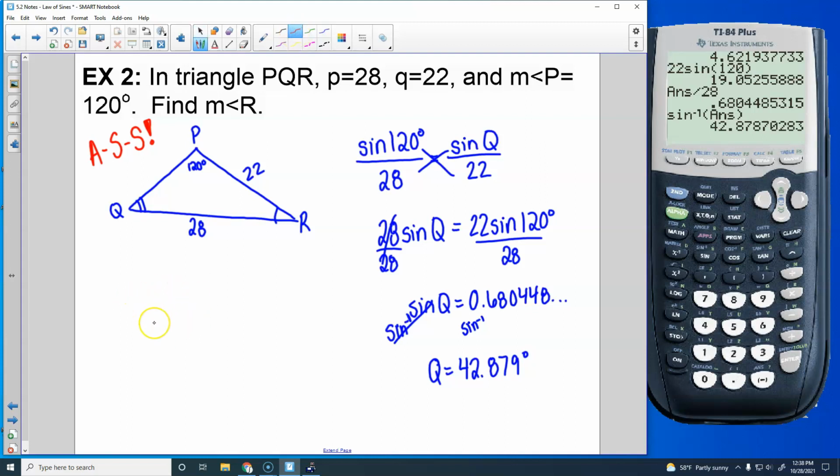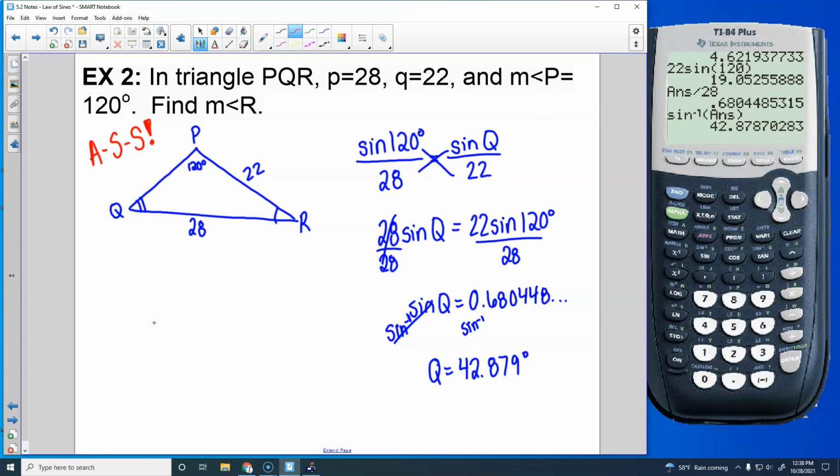Whenever our calculator gives us this answer, it's giving us what we call the principal value. There are actually two answers to that. Actually there's infinite answers, but there's another one that's going to be of interest to us. There's another answer the calculator's not giving you because it can only spit out one answer.